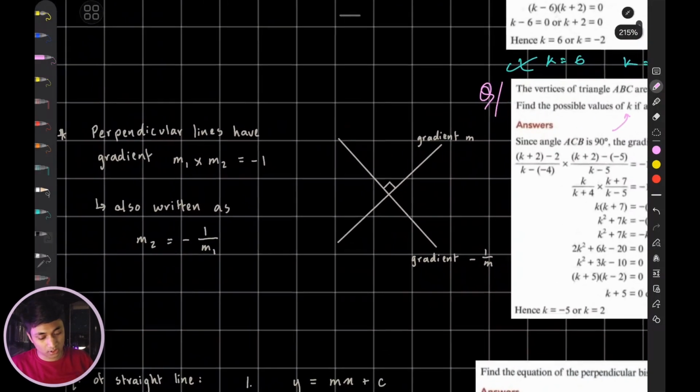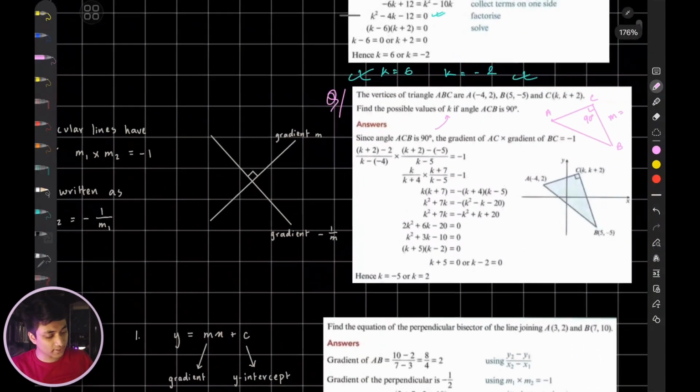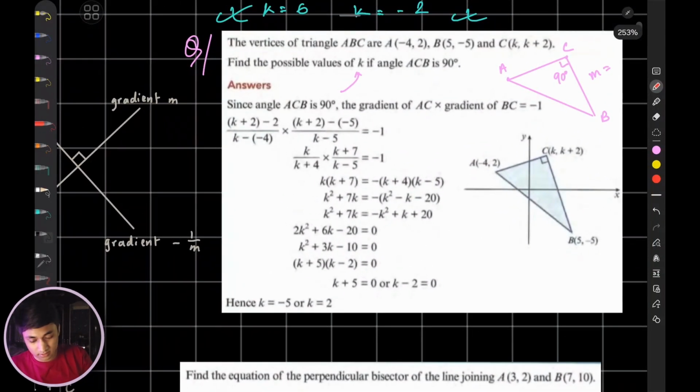From the formula, if both lines are at a right angle to each other, the product of the gradients is going to be equal to minus 1. So the gradient of AC times the gradient of CB is going to be equal to minus 1.